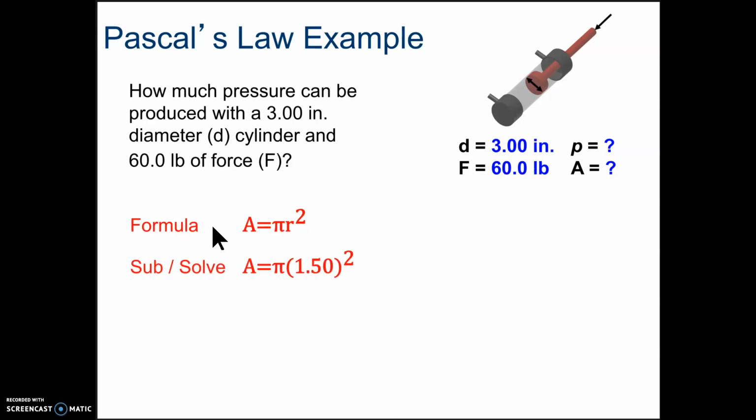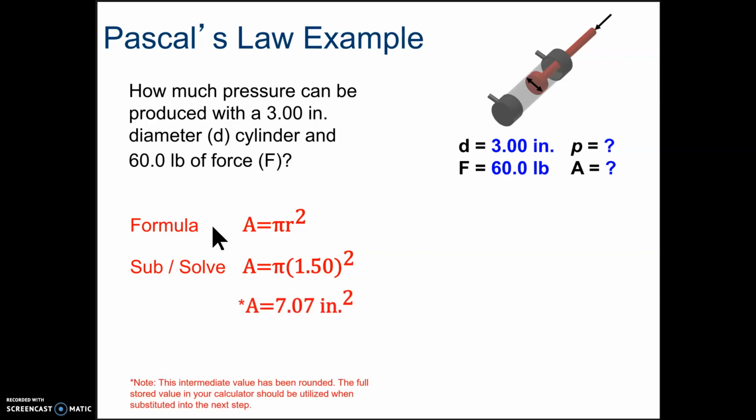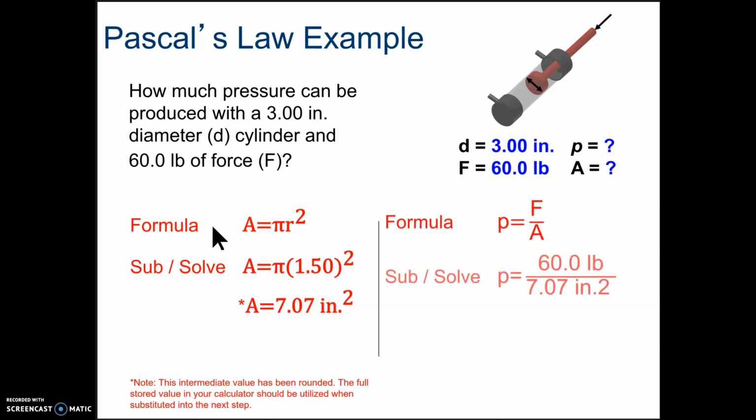Our radius is half the diameter, which is 1.5. Pi times 1.5 squared is around 7.07, rounded. Of course, you should plug the exact answer into your calculator. So 7.07 is truncated, and our formula is F over A. Our force was 60, our area was 7.07, and we get around 8.49 pounds per square inch.